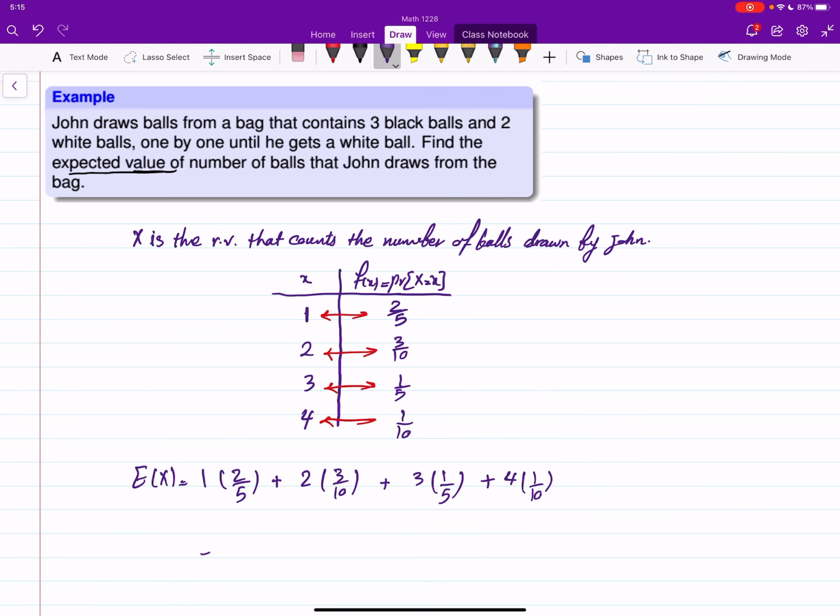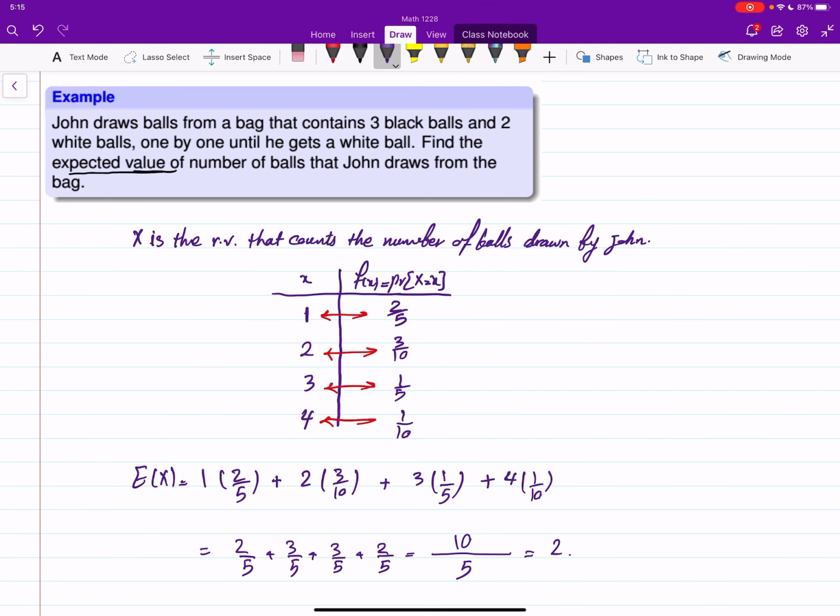This will give me 2 over 5, 3 over 5, I'm simplifying there, 3 over 5, and 2 over 5. The common denominator is 10, and this is 2.